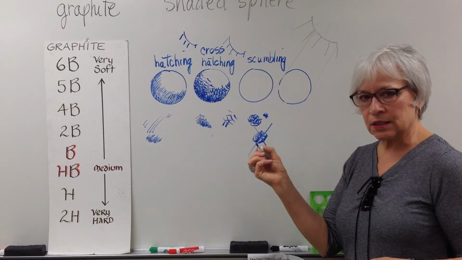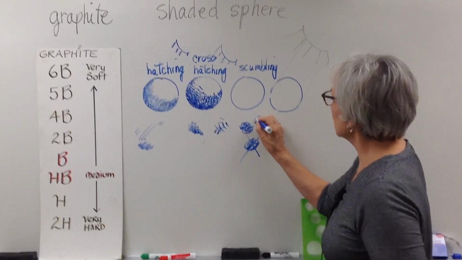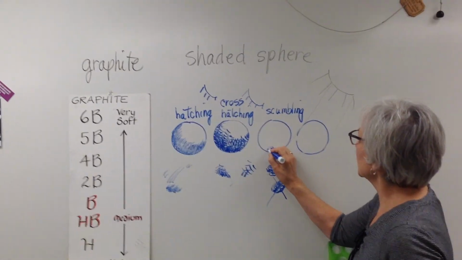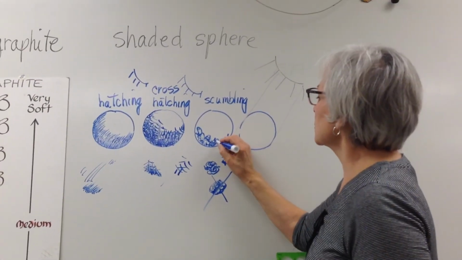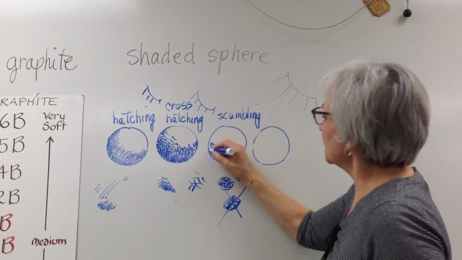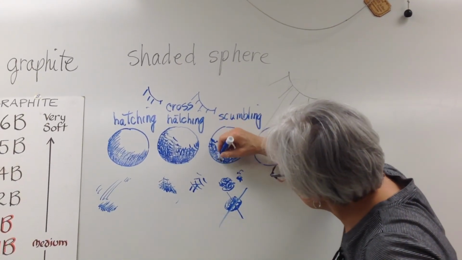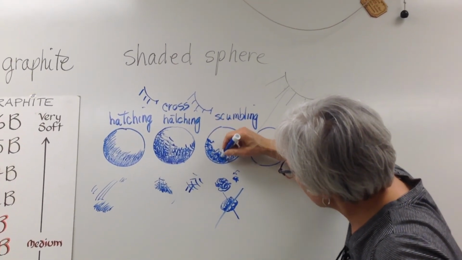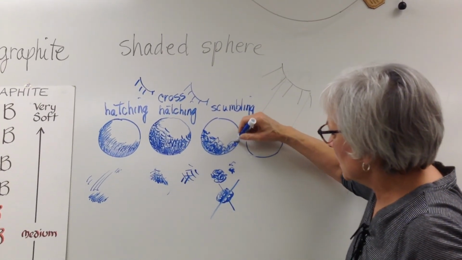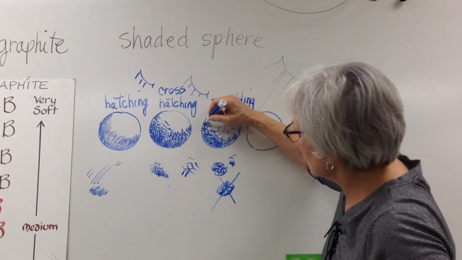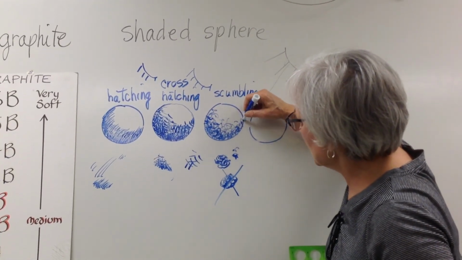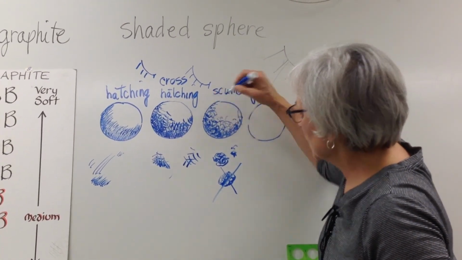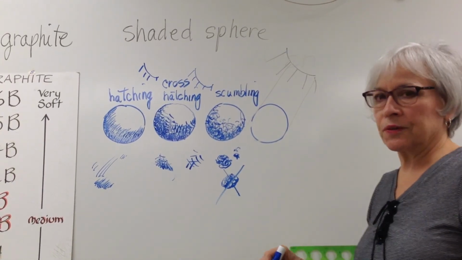In this instance, I usually go really close to the tip, and I really kind of create a feeling of overall scribbles. And I go in all different directions, and I overlap all the time. Of course, where I want it the darkest, I'm going to overlap the most. And I'm just going to continue to do this until I am happy with the feeling of a three-dimensional sphere.